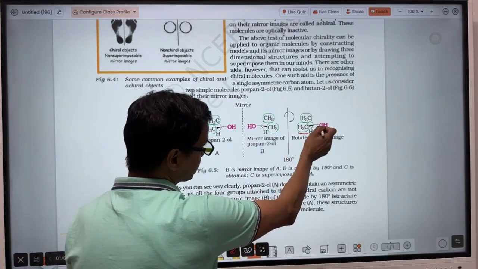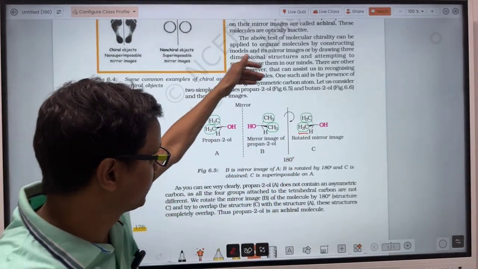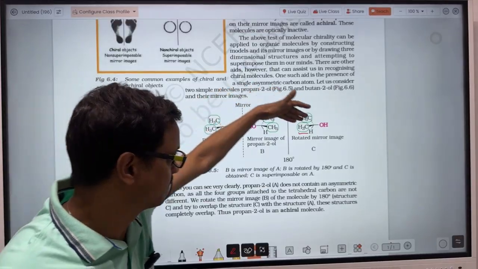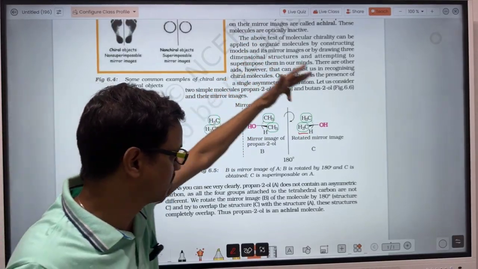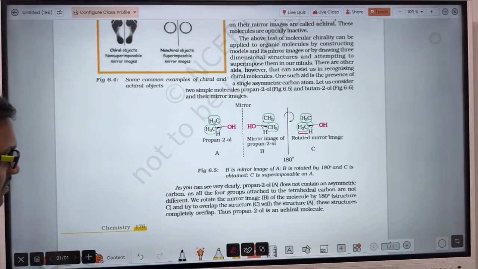Now keep this molecule over this molecule. Then methyl will be over methyl, this methyl over this methyl, this hydrogen over this hydrogen, and this OH will be above this OH.